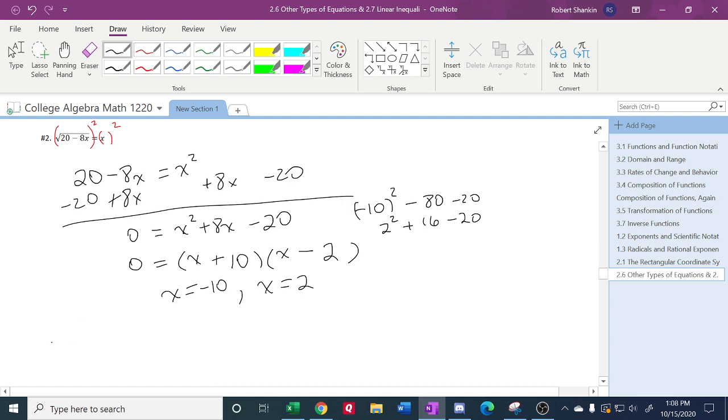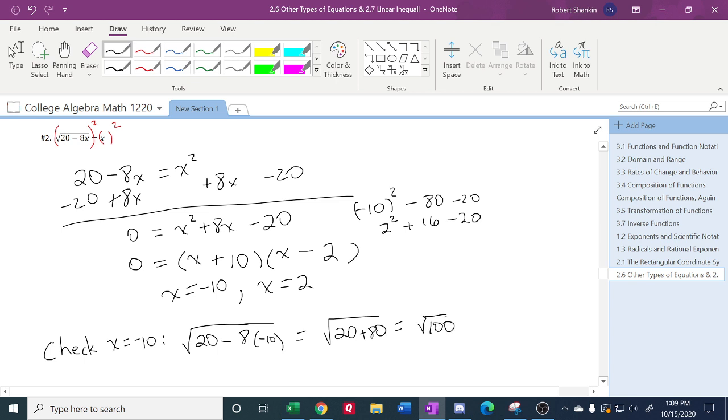So let's check x equals negative 10. So I'm going to get square root of 20 minus 8 times negative 10. Square root of 20 plus 80, which is square root of 100, which is equal to 10.